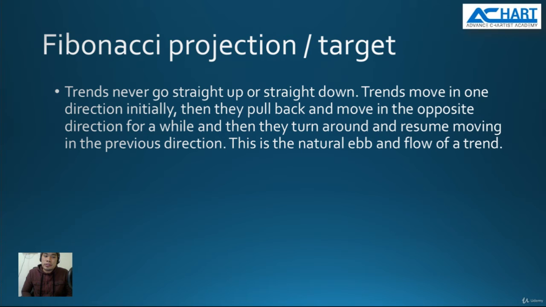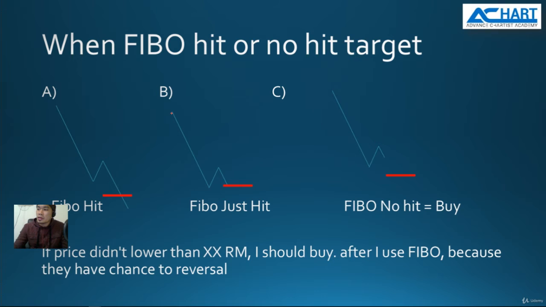Now, when Fibo hits or does not hit the target: if Fibo hits the target, this is what we call a hit; in scenario B, it hits on the spot; and for the third one, it is not hitting the target point. Why are we showing this? Actually we are measuring the downtrend target.